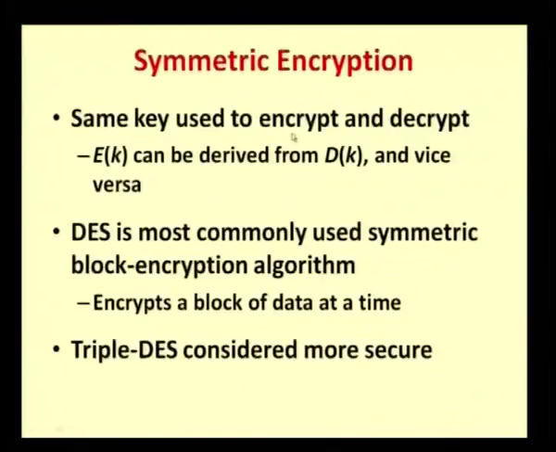Now, let us see the two types of encryption. One is symmetric encryption, the other one is asymmetric encryption. Symmetric encryption is where the same key is used to encrypt and decrypt, and here we use an algorithm called the DES algorithm. DES is the most commonly used symmetric block encryption algorithm.